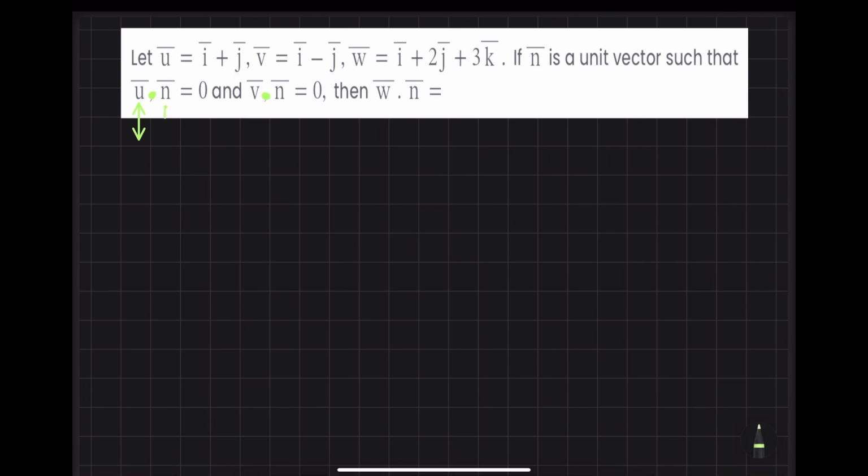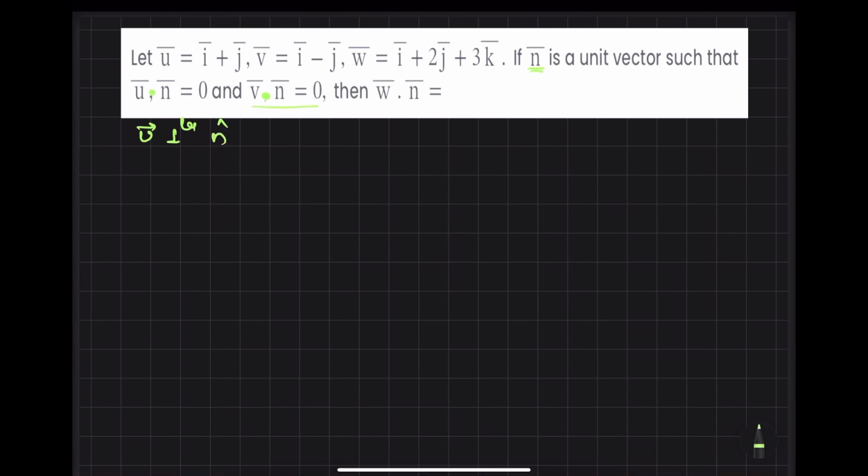Now this is mod n. So what is mod n? Unit vector, so it cannot be 0 as well. So we are left with one choice, that is cos theta, and cos becomes 0 at 90 degrees. Correct? So can I say that u vector is perpendicular to n vector?